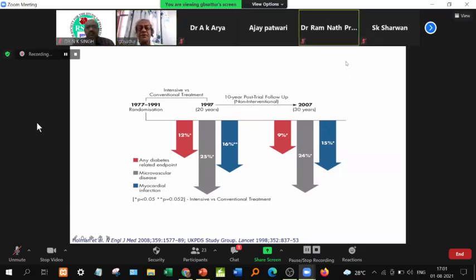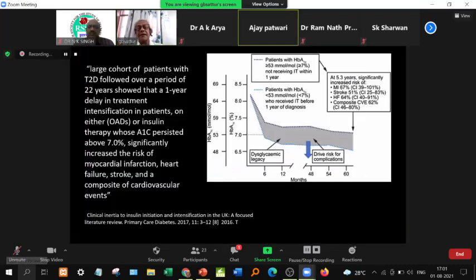Those who were on intensive treatment had an excellent reduction even in the macrovascular events, especially myocardial infarction, by around 15%. And that came to be called the legacy effect. And this legacy effect is not just in an experimental model like UKPDS, it is a real-world phenomenon, which is shown by the next two slides.